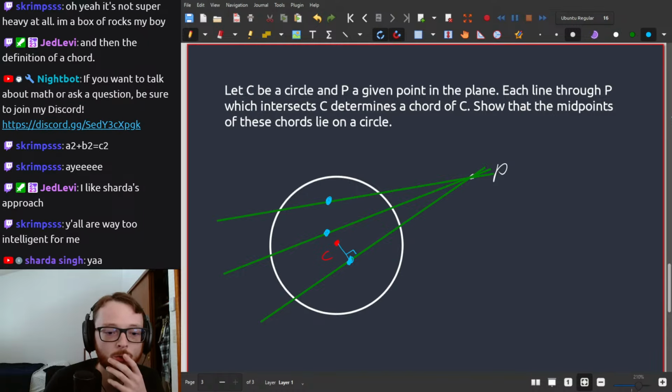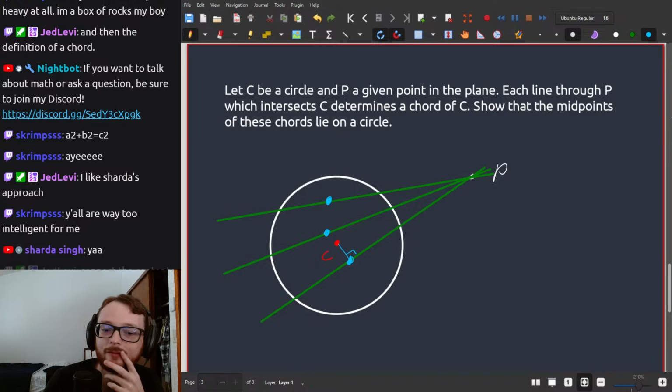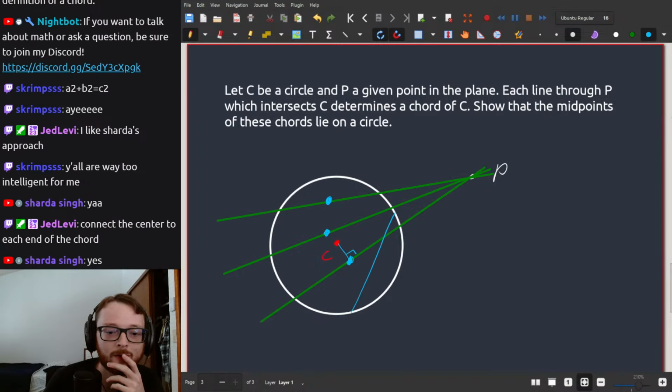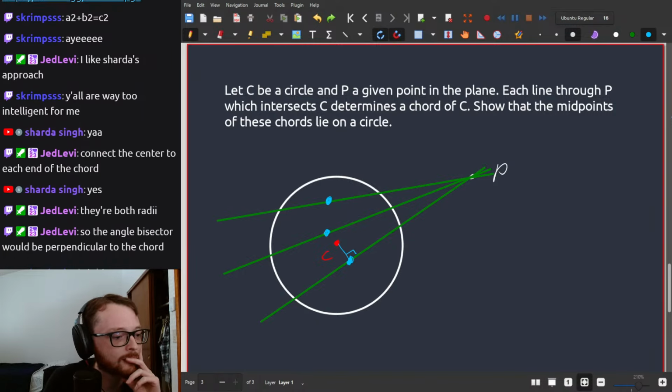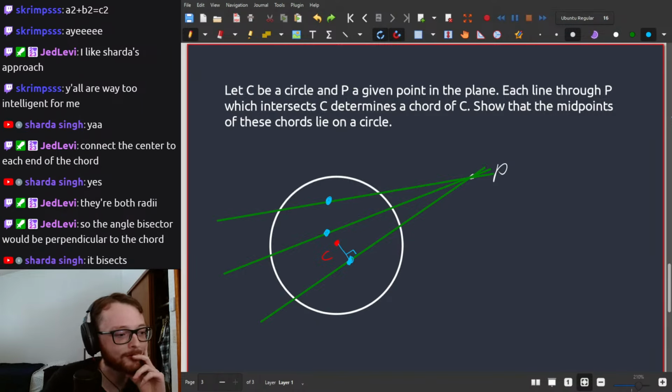Because what if I had a chord like that, that wouldn't be a bisector there, right? Maybe it is. I'm just drawing it badly. It does? Oh, okay, sure.